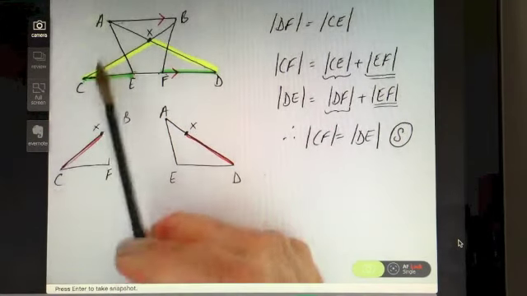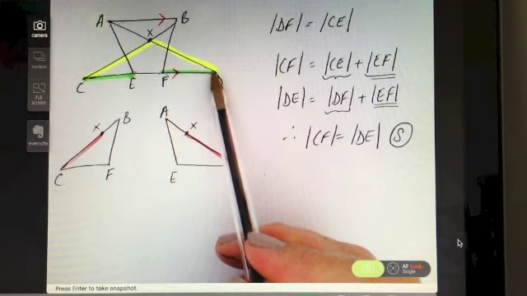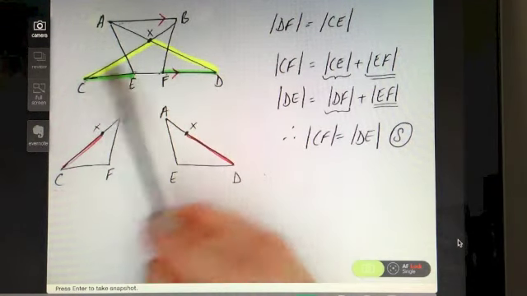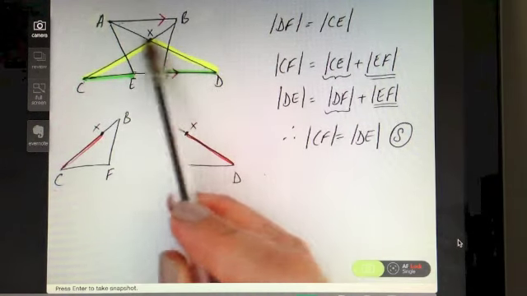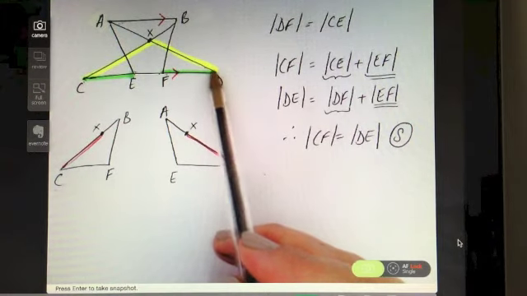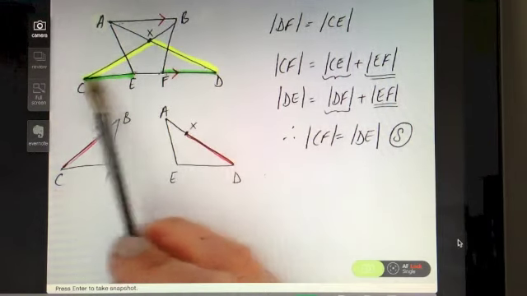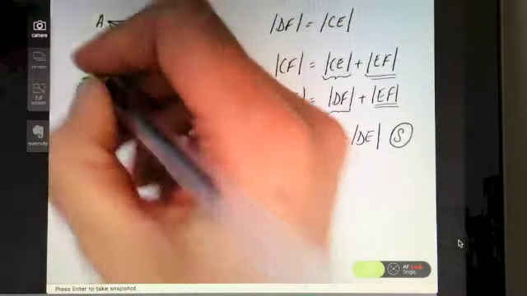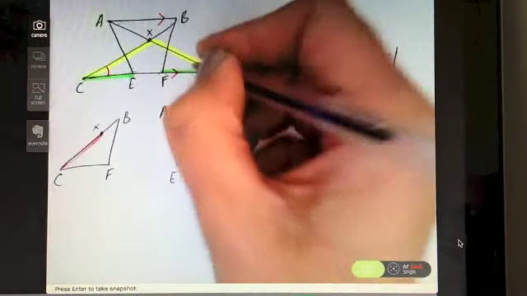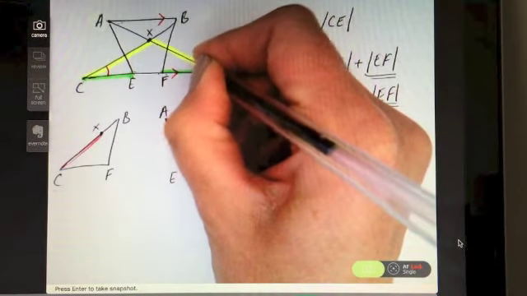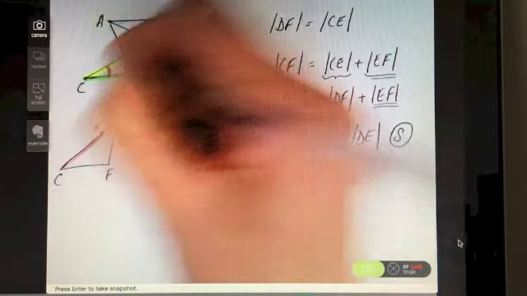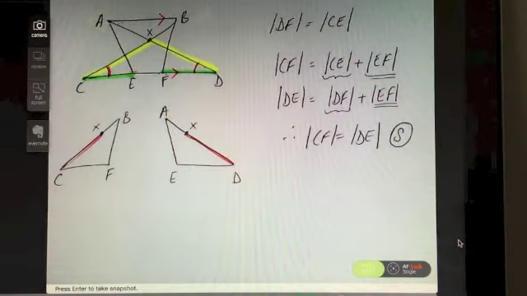So now looking in this triangle here, okay, so with the two yellow highlighted sides being equal, in that triangle then I know it's got to be an isosceles triangle, and that means that this angle here has got to equal this angle here. So those two angles are equal.